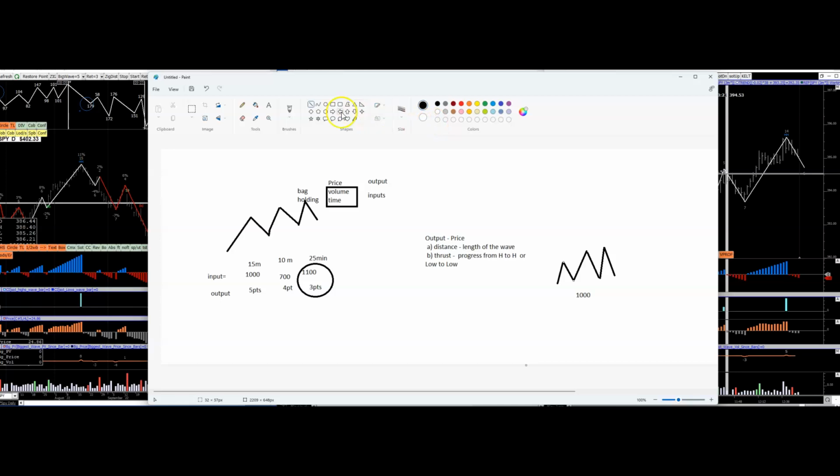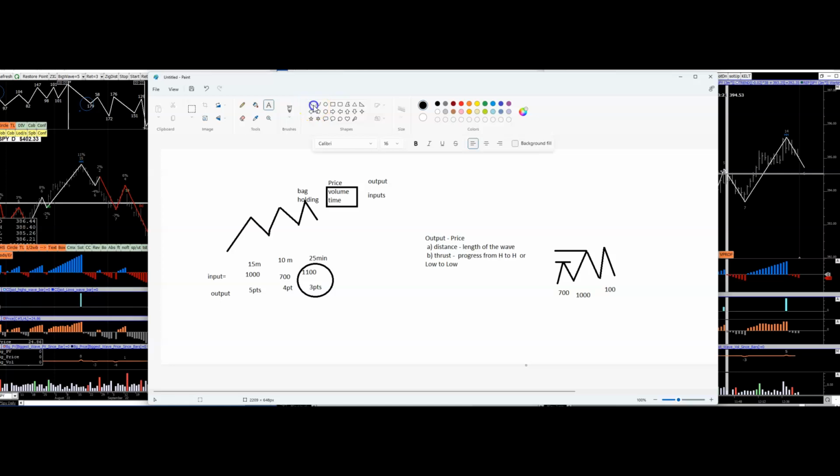Let's say this is 700 contracts. This wave gave 700 contracts. This wave did 1,000 contracts. And from the thrust, meaning the high to high, you see a lot of progress, right? Now you go here and let's say you do another 1,000.